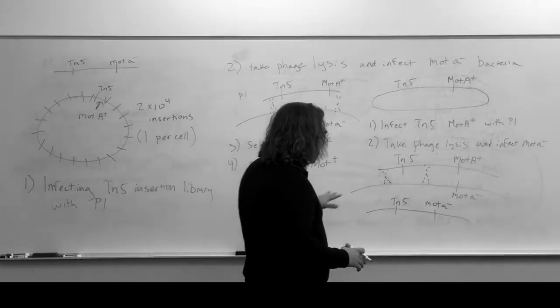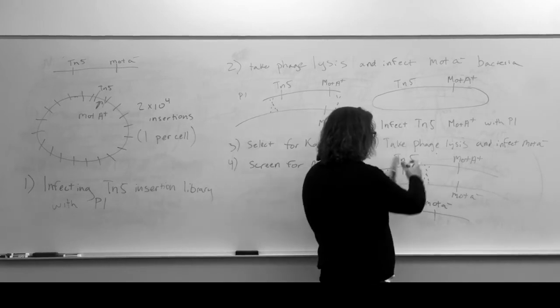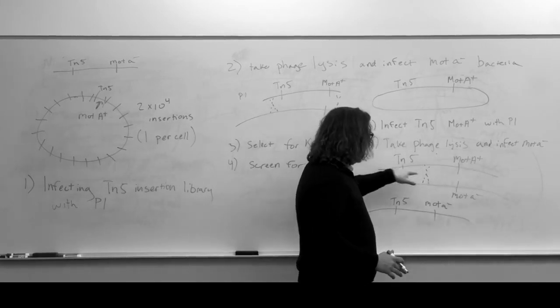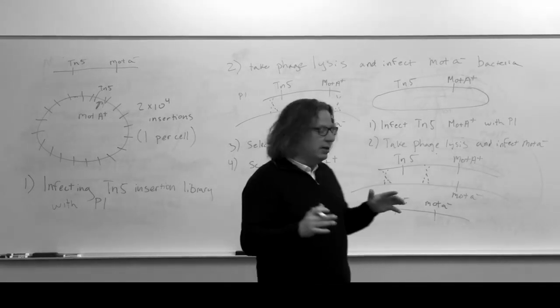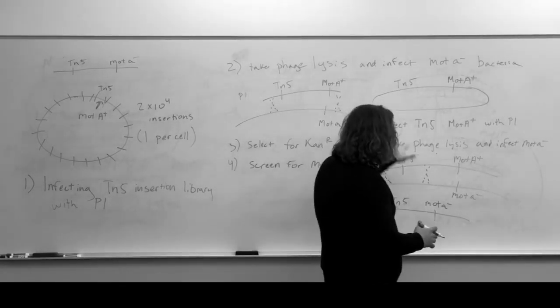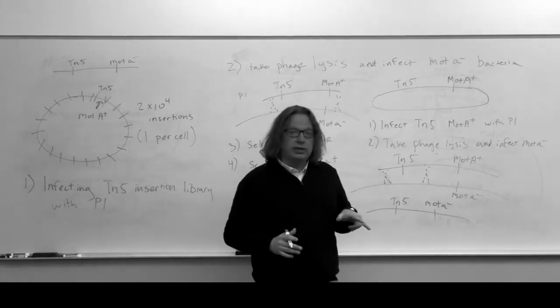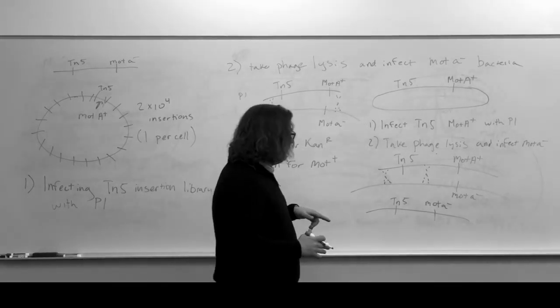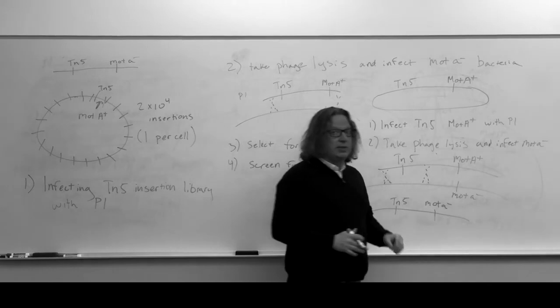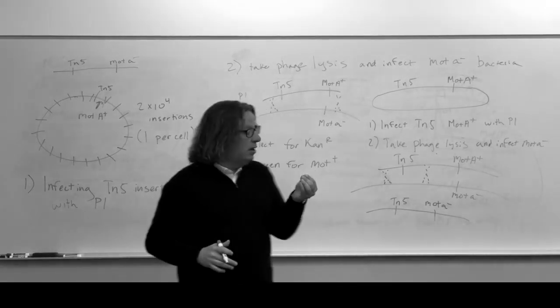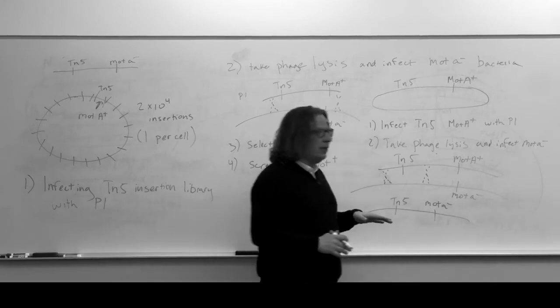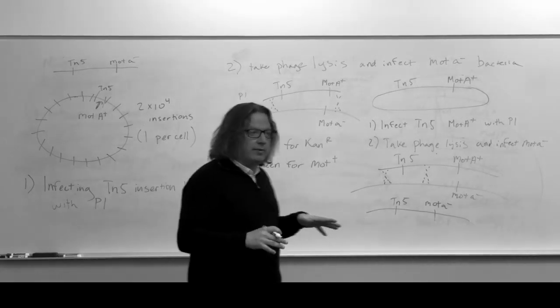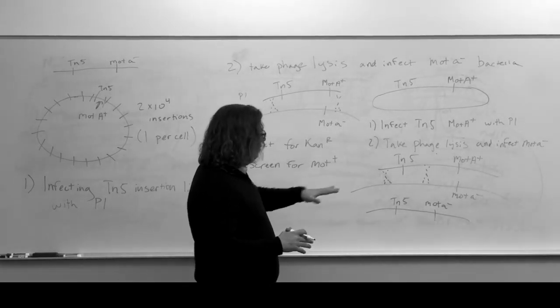The frequency with which this occurs, of course, is dependent upon the distance between TN5 and MOT A, and so by actually determining the number of recombinants that we have, by determining the co-transduction efficiency, we can actually calculate the distance between TN5 and the mutation, which gives us even greater resolution for figuring out where that mutation is, and again gives us an ability to now perform a lot of genetic tricks using this kind of movement.